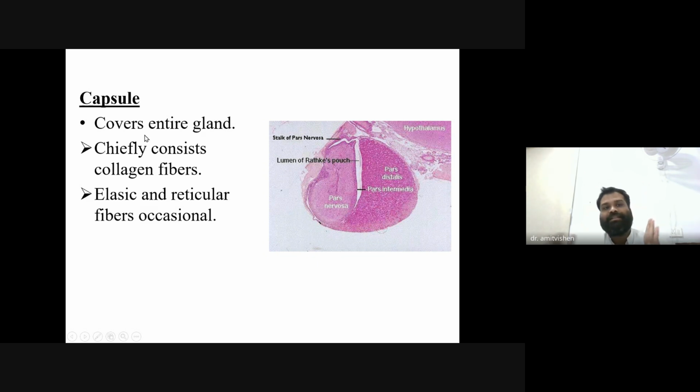This gland is wholly covered by a capsule, and it chiefly contains collagen fibers. You may find elastic and reticular fibers sometimes, but most of the time you will see collagen fibers. And for the collagen fibers, what stain will we use? We will use Masson's trichrome stain.